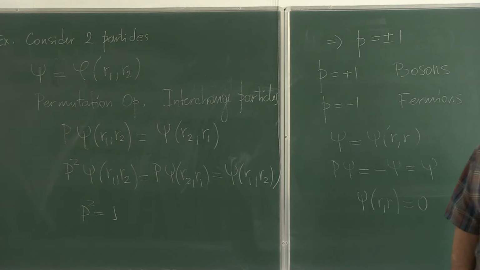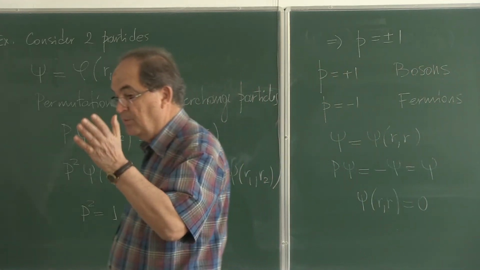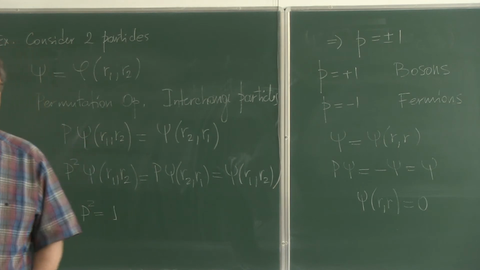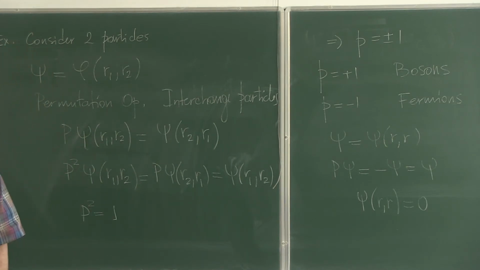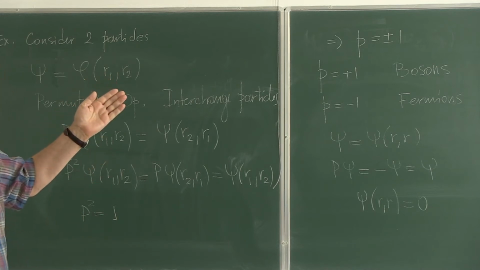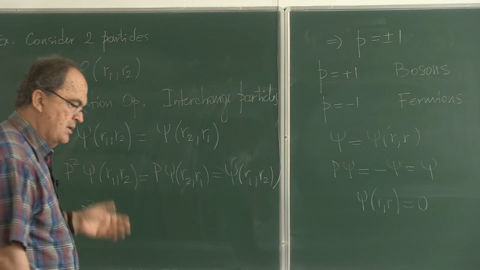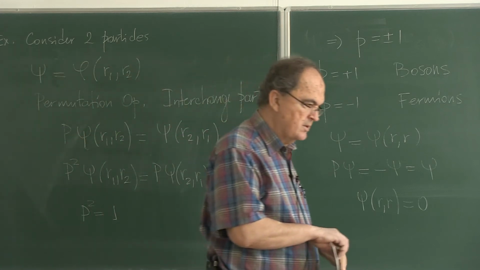So you have to have a very clear understanding of the form of the wave function for fermions and bosons. We call one symmetric, we call the second one antisymmetric. So fermions have anti-symmetric wave functions, bosons have symmetric wave functions.